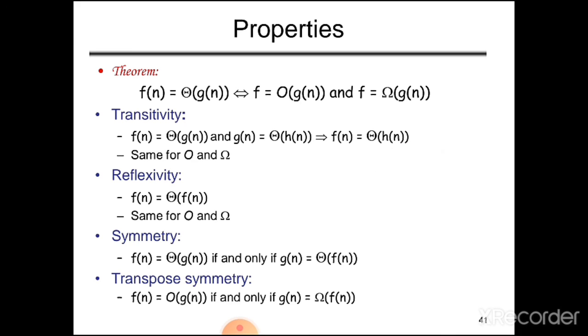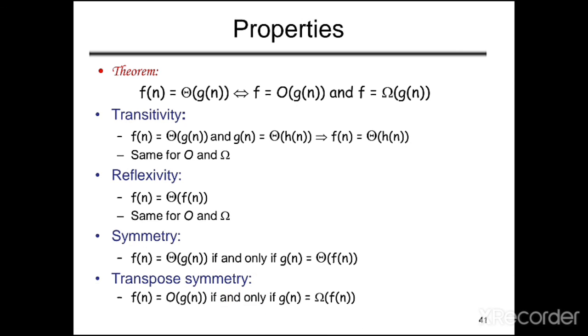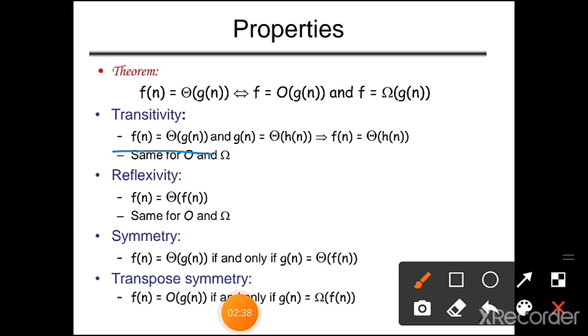Then some properties of asymptotic notation. One is transitivity. If f of n is equal to theta of g of n and g of n is equal to theta of h of n, then we can say that f of n is equal to theta of h of n, that is transitivity. Reflexivity is f of n is equal to theta of f of n.